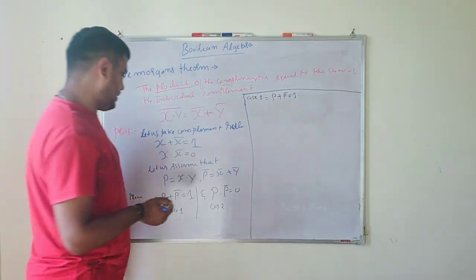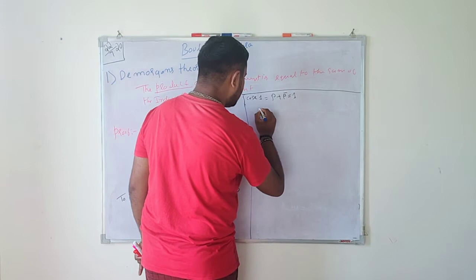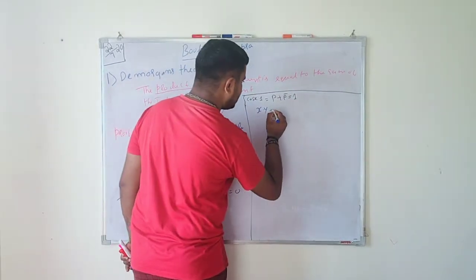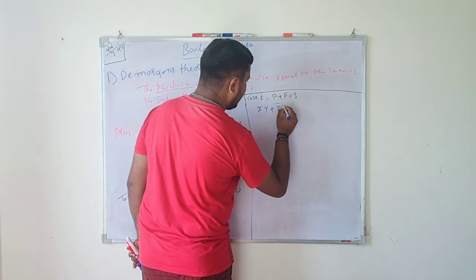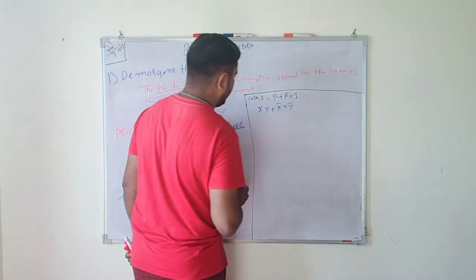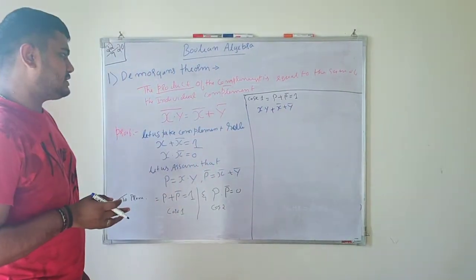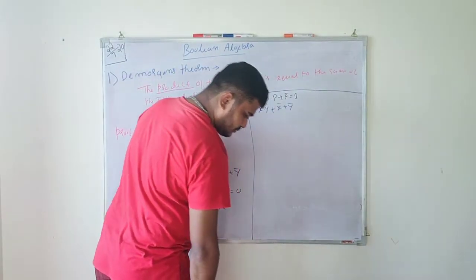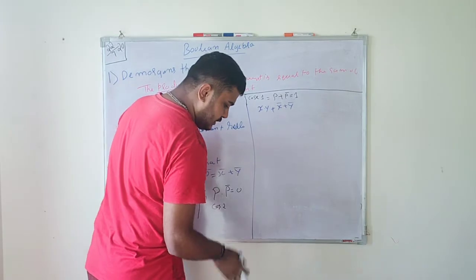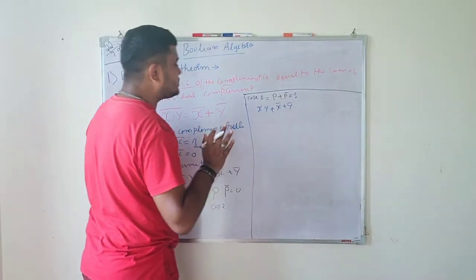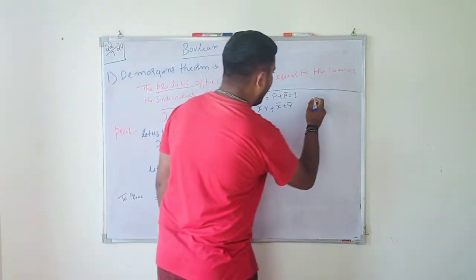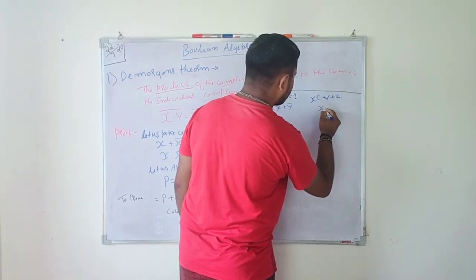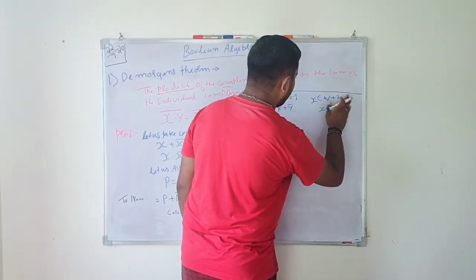We just substitute that. Now what should we do here? We should apply De Morgan's theorem. So how do we do it? x into y plus z means x plus xy.